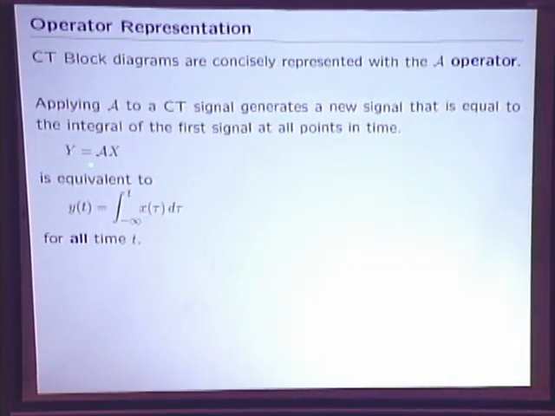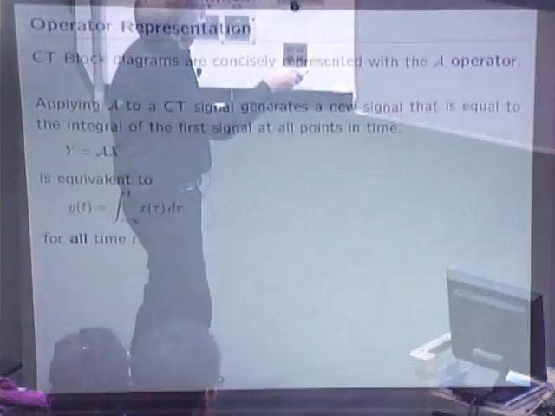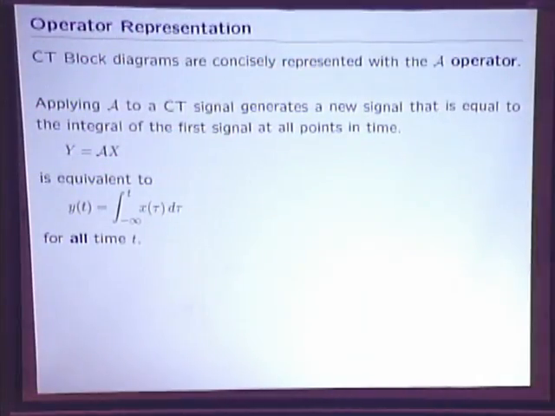So the A operator is going to be like the R operator. You'd apply the R operator to a discrete time signal to generate a new discrete time signal that was shifted to the right. That's what R meant. R was right, so right shift operator. Here, you'll apply the A operator to the X signal. X is now CT, continuous time.